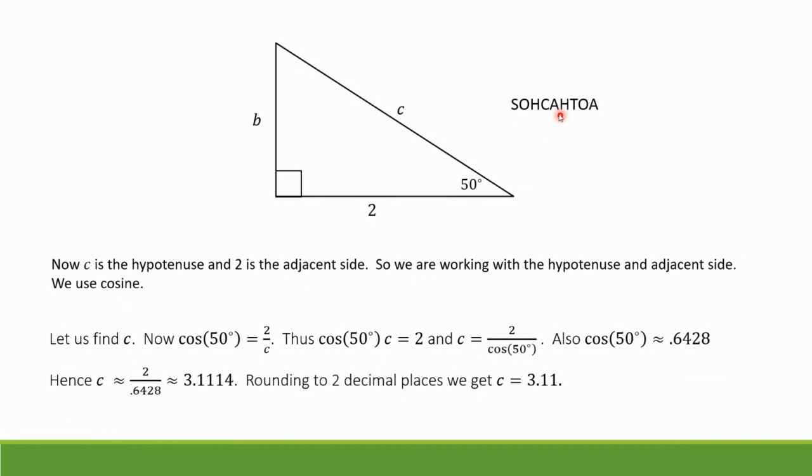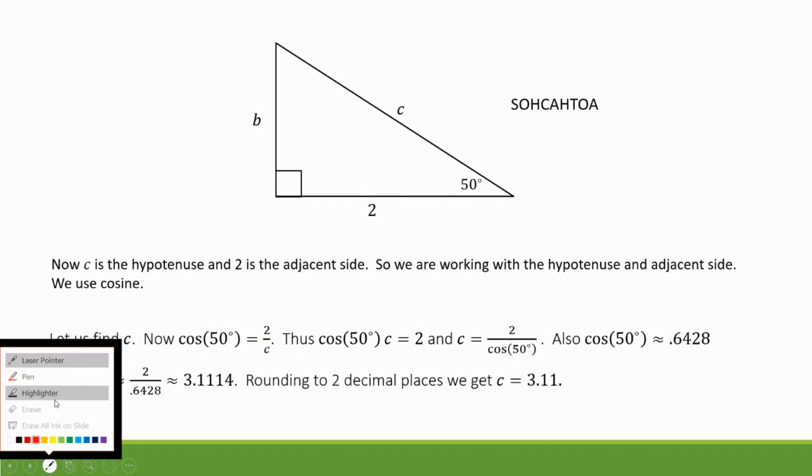Adjacent, hypotenuse, cosine. Cosine is adjacent over hypotenuse. So cosine of 50 degrees is adjacent, 2 over C. That's good because now we can figure out what C is.